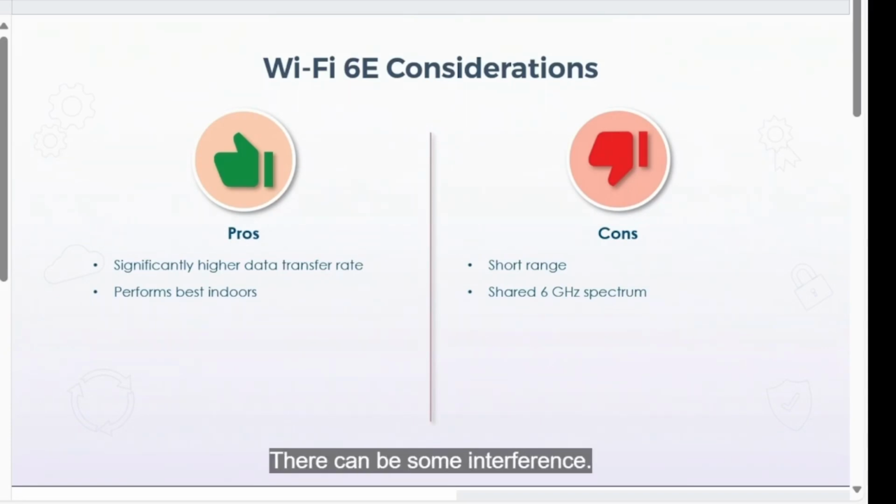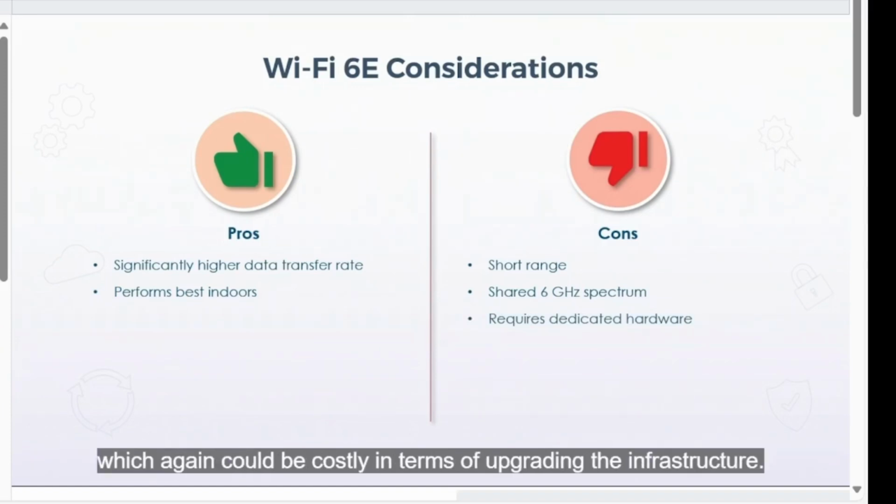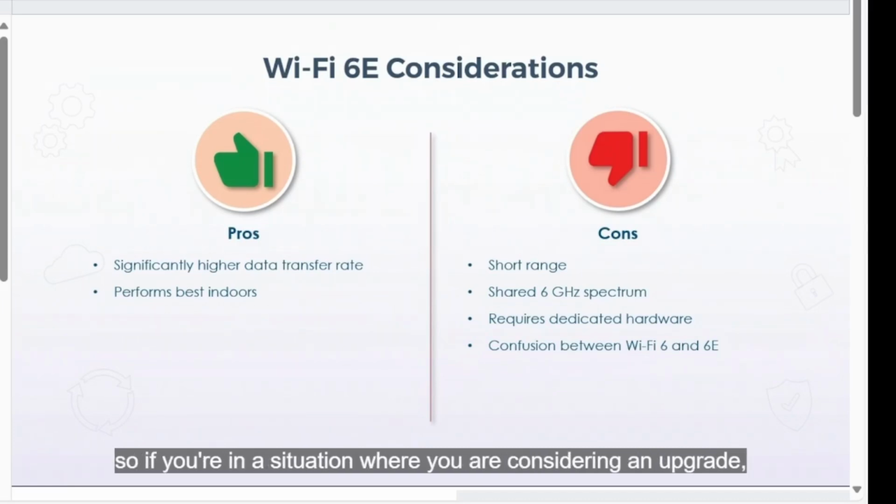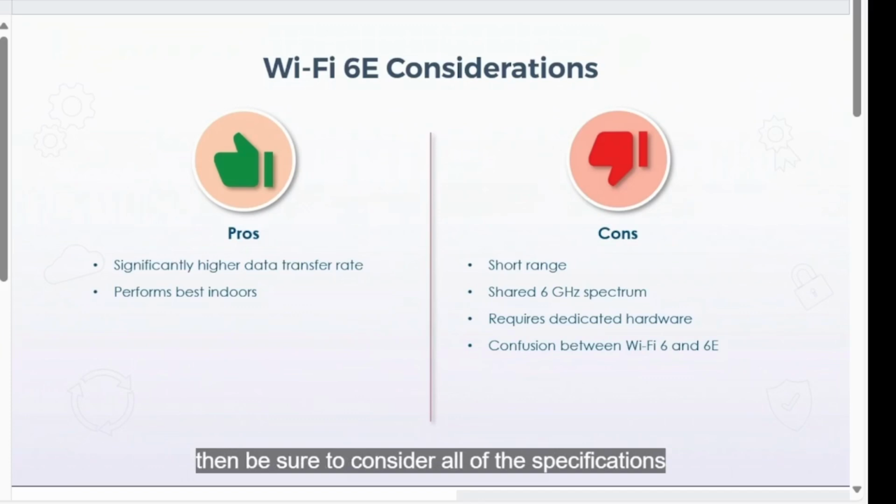There can be some interference, and it does require dedicated hardware, which again could be costly in terms of upgrading the infrastructure, and there could also just be some confusion between Wi-Fi 6 and 6E. So if you're in a situation where you are considering an upgrade, then be sure to consider all of the specifications for each of these implementations to be sure that you are implementing the correct type.